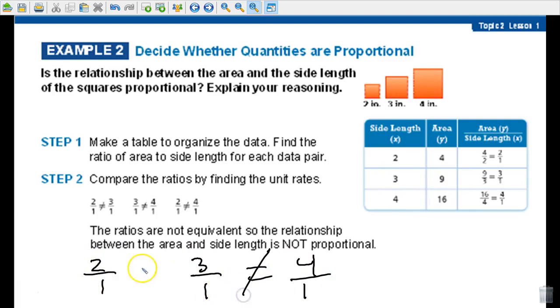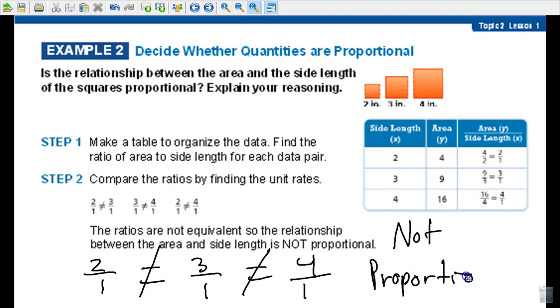These do not equal each other. Therefore, these quantities are not proportional. The ratios have to be equivalent for the quantities to be proportional. These ratios are not equivalent, therefore they are not proportional.